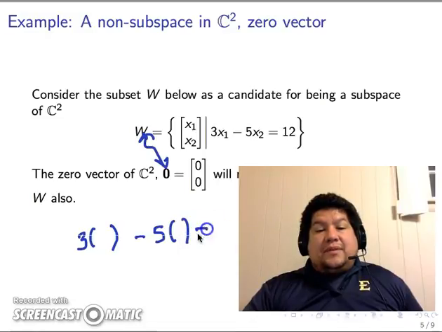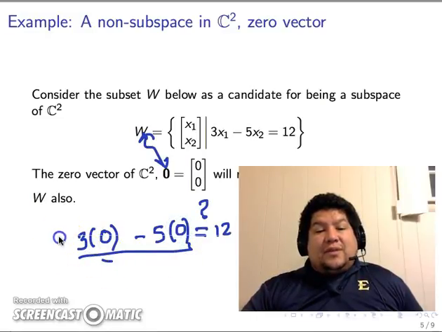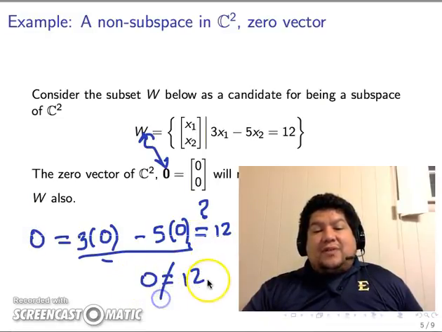And so what happens if we evaluate? We don't know yet, so we write an equal sign with a question mark. If we evaluate this at 0, 0 for x1 and x2, the left hand side is equal to 0, but then we would be finding that 0 equals 12, but we know that that is not true.